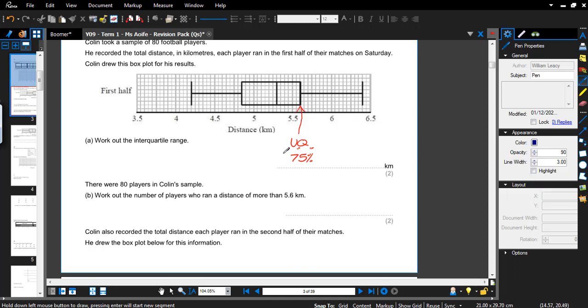So that means 25% of the players ran greater than 5.6 kilometers. How many players were there in total? 80. So 25% of 80 is 1/4 of 80, which is 20. So the answer is 20 people.